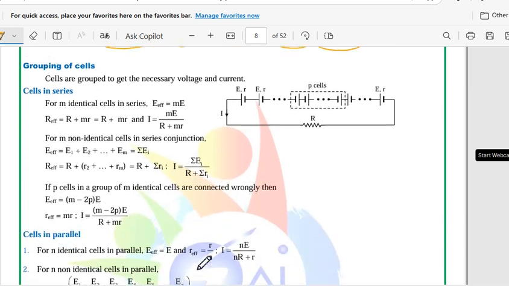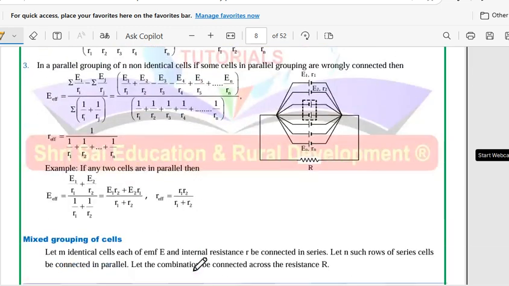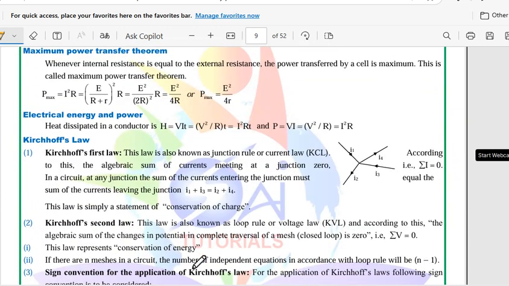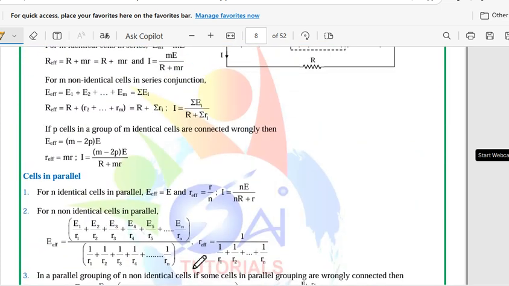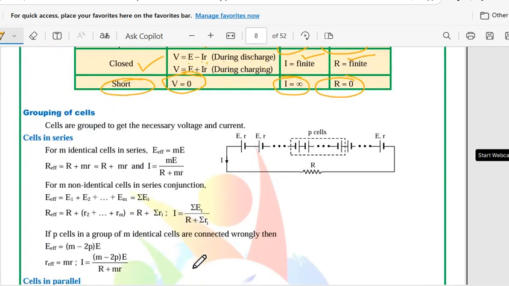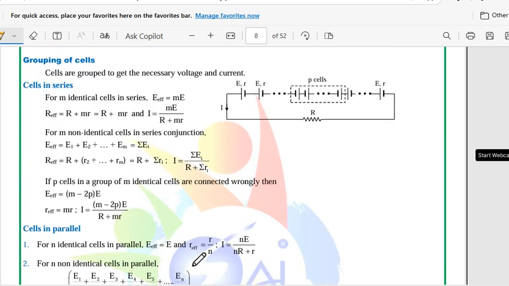Now, grouping of cells. Let us discuss the grouping of cells. This is very, very important.